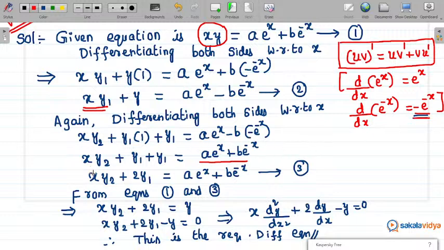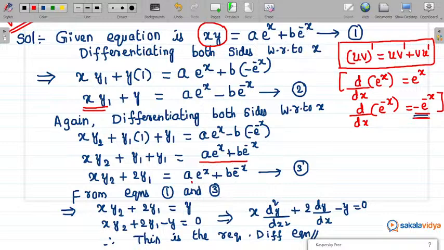So now xy2 plus y1 into 1, y1 plus y1 equals a e power x minus into minus plus b e power minus x. So now xy2 plus 2y1 equals a e power x plus b e power minus x, say equation 3. If you observe equation 1, a e power x plus b e power minus x is nothing but y.